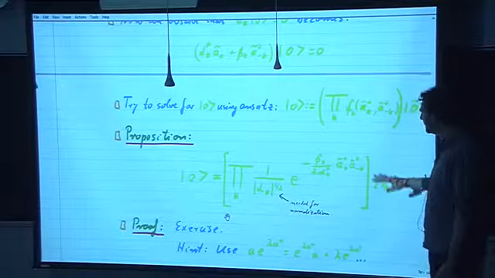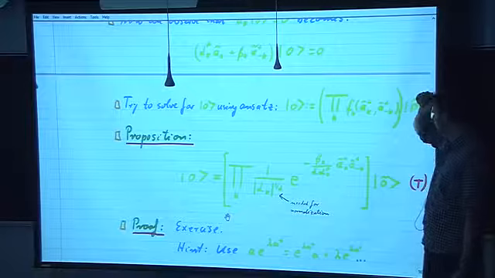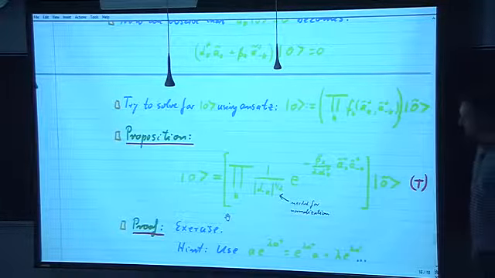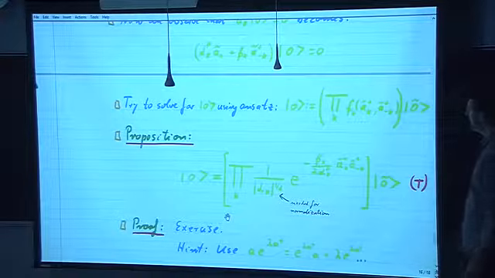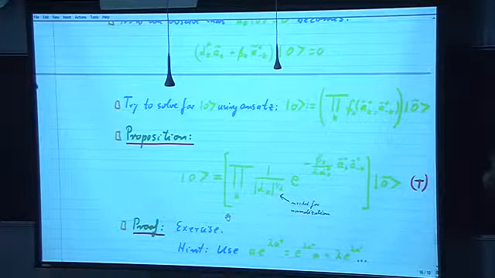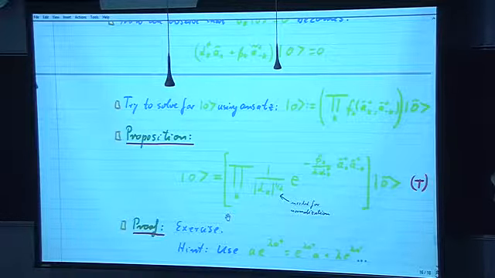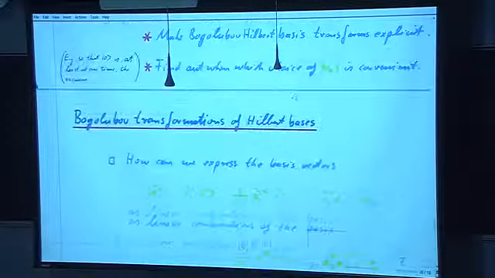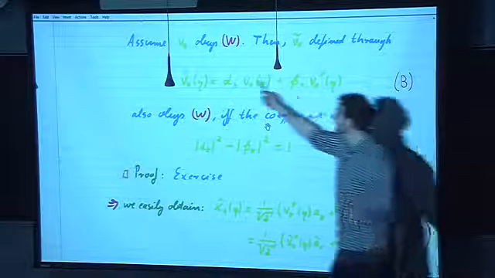Now, an important thing that we will get into in more detail is what all of that means, but one thing that we can already read off from this is that, first of all, if the transformation does not involve a beta, if the beta is 0, and remember, this is the Bogoliubov transformation that we are talking about.